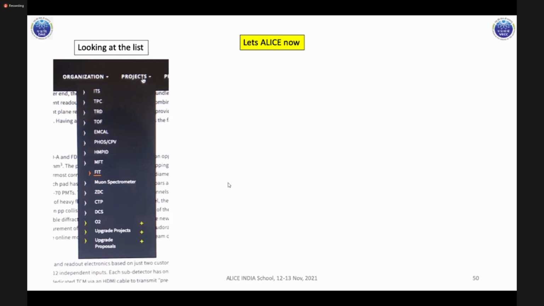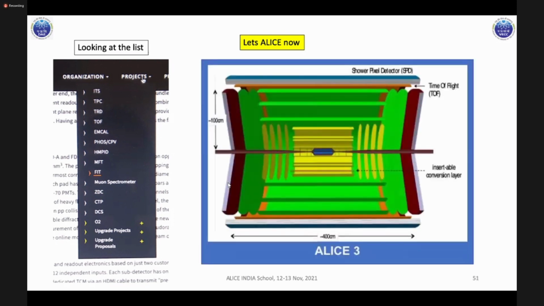We couldn't discuss these upgrade projects or even the readout methodologies, how data transfers happen, how triggers are being processed, how triggers flow in during data taking and so on. Probably, if we get some time in future, or we get a chance, we may have some more discussions in offline mode. Okay, but it will not be complete unless we say something about ALICE 3.